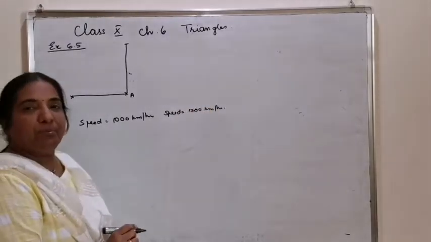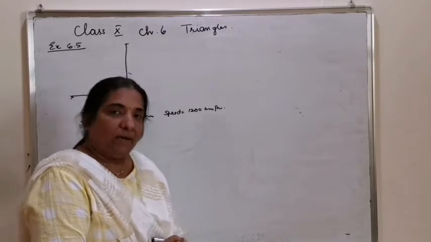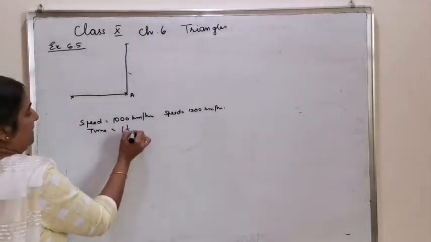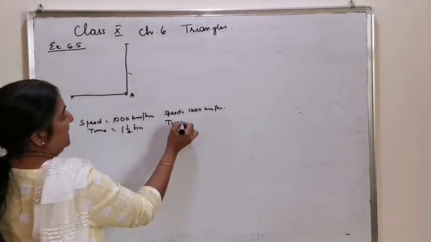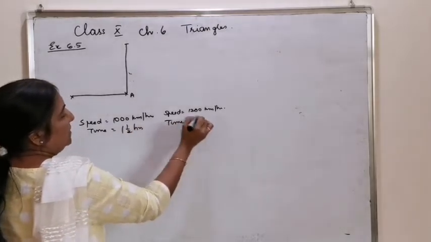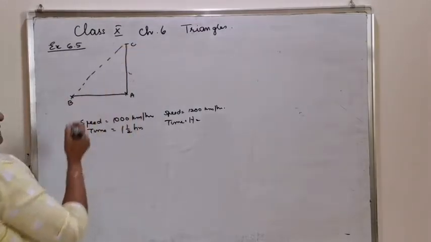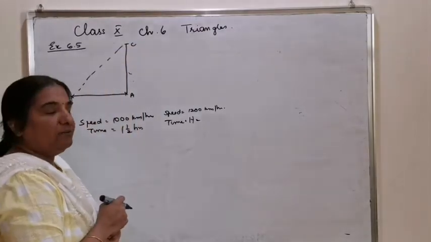And it is given that both the planes are traveling for 1.5 hours. That is, the time travelled is 1.5 hours. Here also the time is 1.5 hours. The question is, how far are they after 1.5 hours?